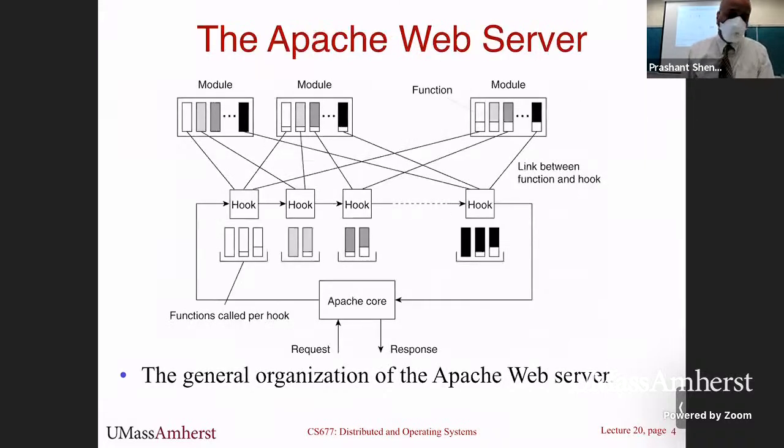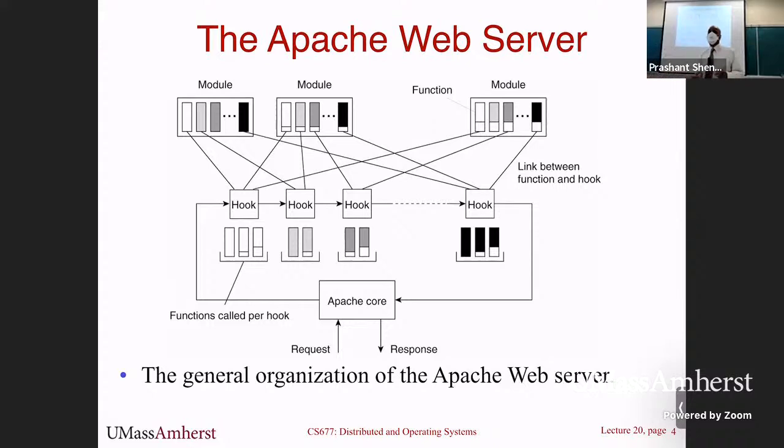Now the server itself also has many components, and all of you have written a very trivial web server or used an HTTP library to implement one. So you kind of know what is in the server, but here's an architecture of what the Apache Web Server looks like. Apache Web Server is the most popular web server used on various websites.